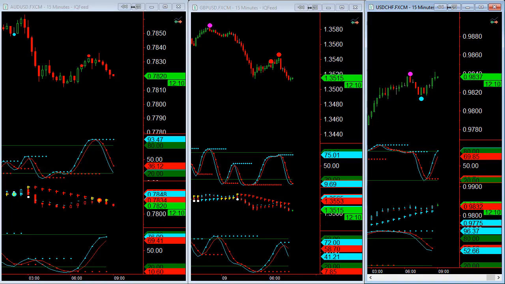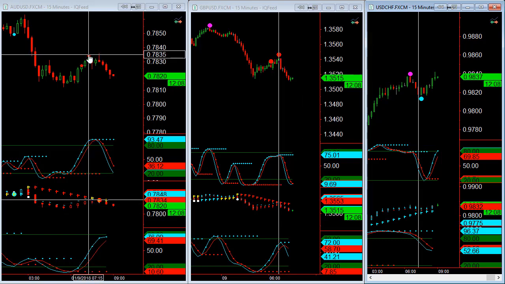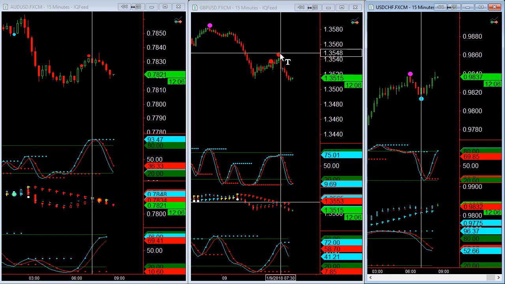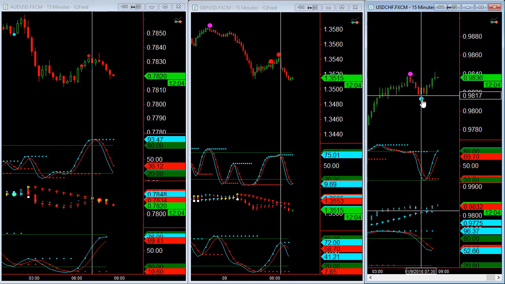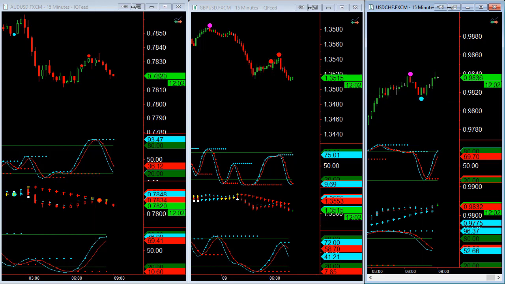So here are the three charts, and the dots indicate exactly where the signals came in at. So that just makes it an easy reference. Now, for those that use the indicators, I have set my higher time frame to a 30-minute chart, only because we don't want to go into an overextended market.